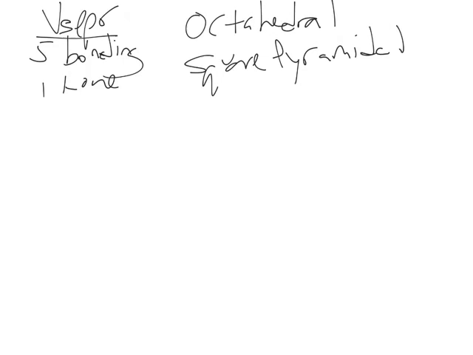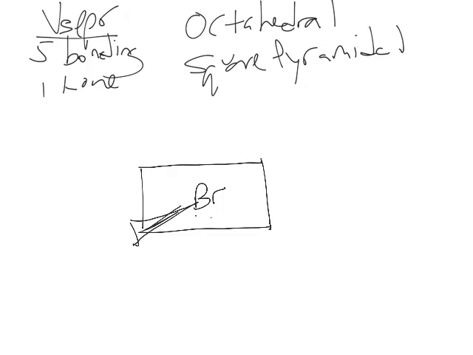So now when we draw this, we again put bromine as the central atom. But what's going to happen is we're going to get a rectangle drawn, and that lone pair is again going to go straight with the central atom. We're going to have wedges here to show a 3-dimensional model.